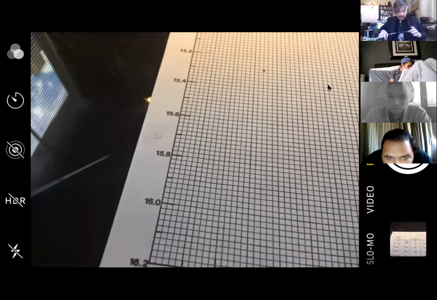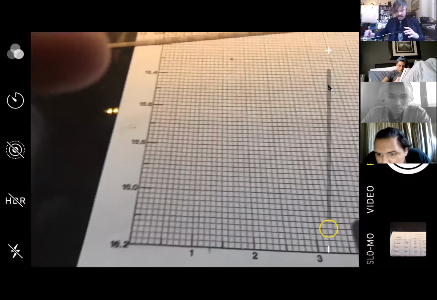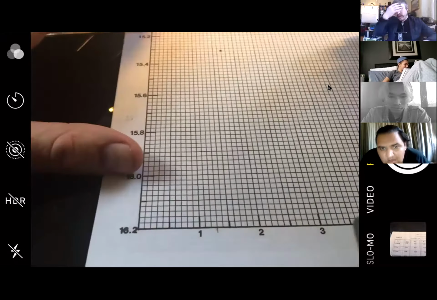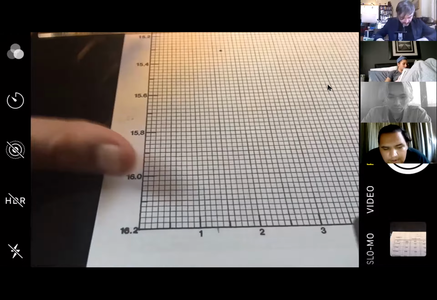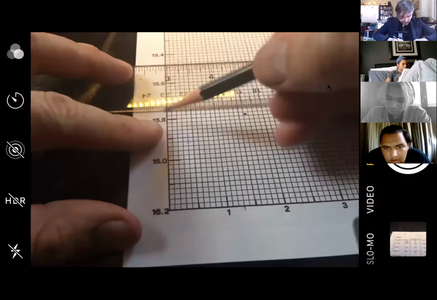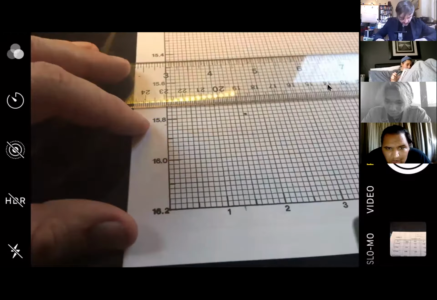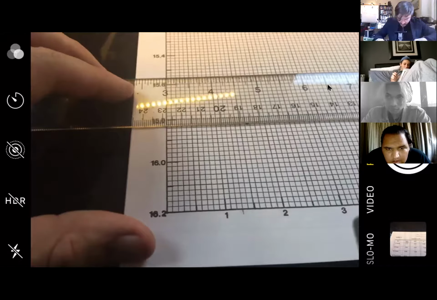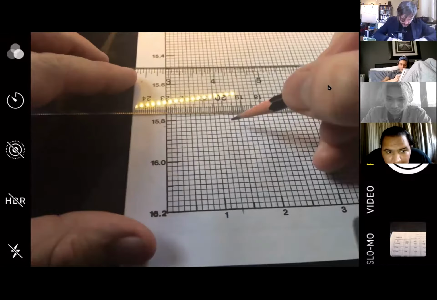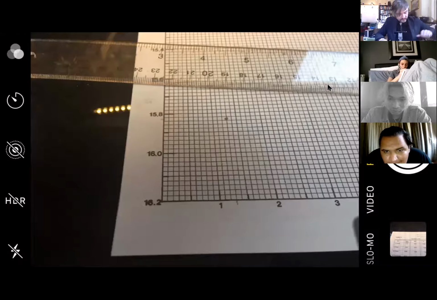Okay, I'm going to go without the cable for a second. 1.3 and 15.83. 15.8 is here, and 15.83 is down: 15.82, 15.84, and in the middle is 15.83. So make a line for 15.83, go to 1.3, bam, and I'll make my data point. That's a fuzzy one, sorry.